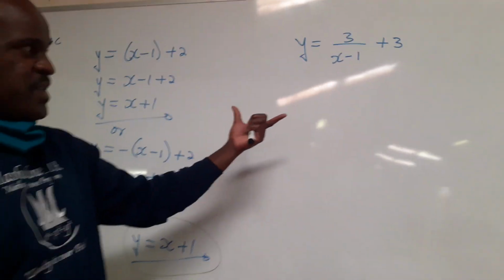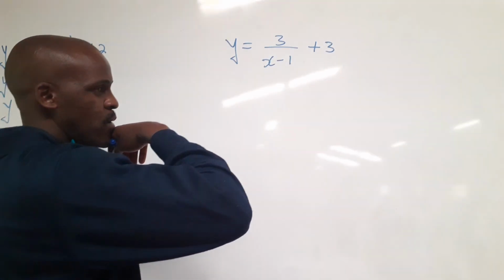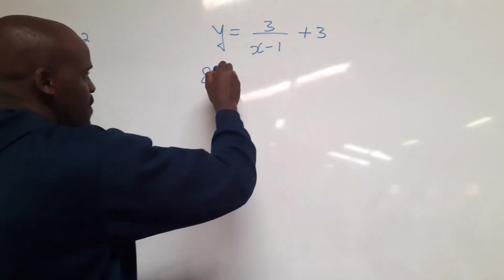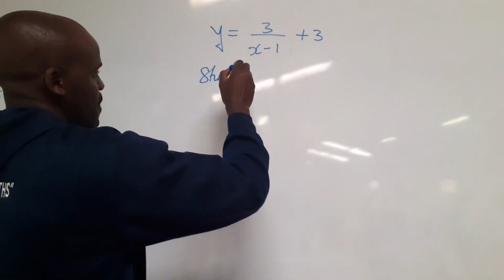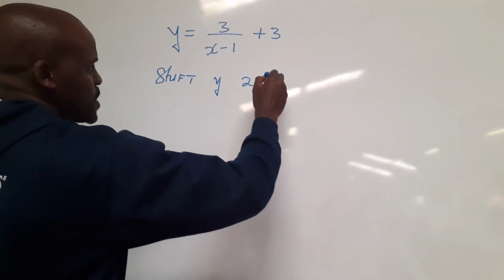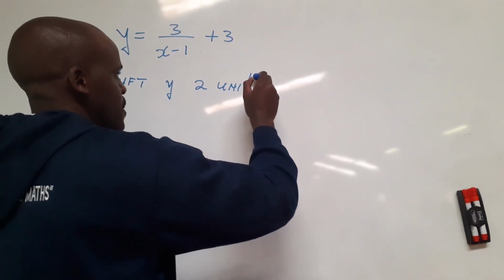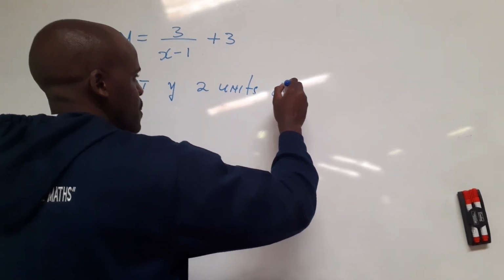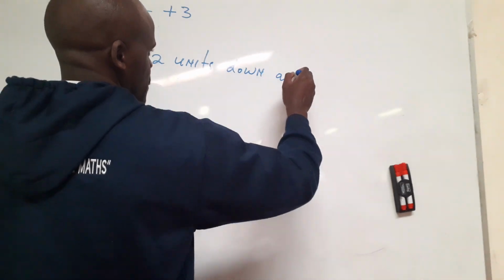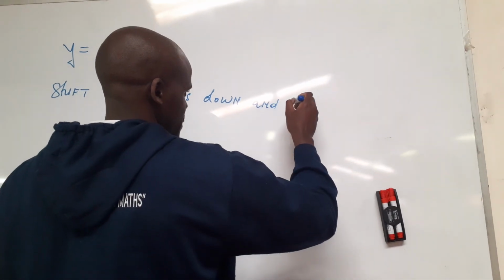If you are to shift this graph 2 units up or 2 units down, let's say 2 units down, and 1 unit to the left.